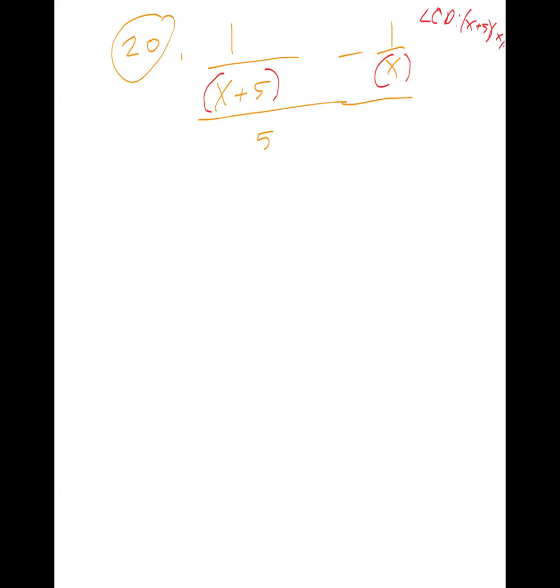So then we're going to take every term. I'm going to circle the terms. That's a term, that's a term, and that's a term. Every single term on the bottom and on the top, just to be fair, has to get multiplied by the LCD, which is x plus 5 times x. So x plus 5 times x, and then x plus 5 times x.